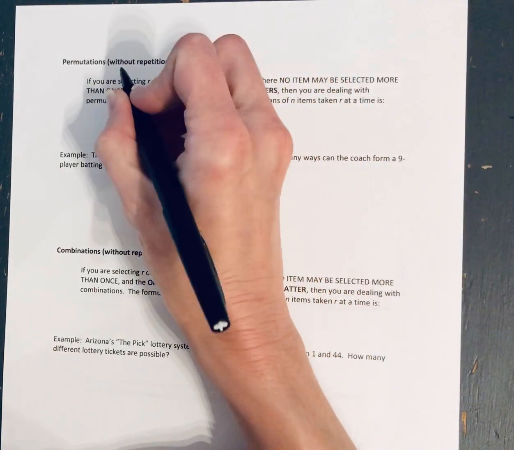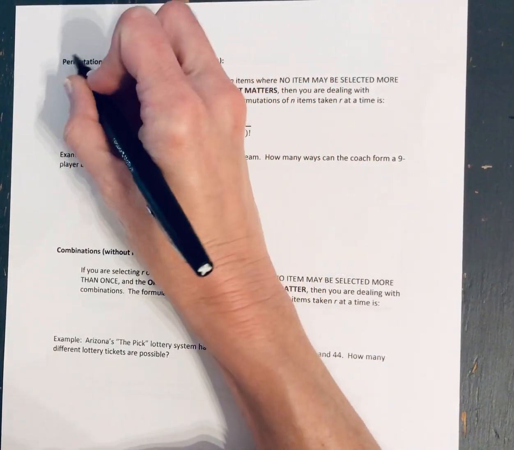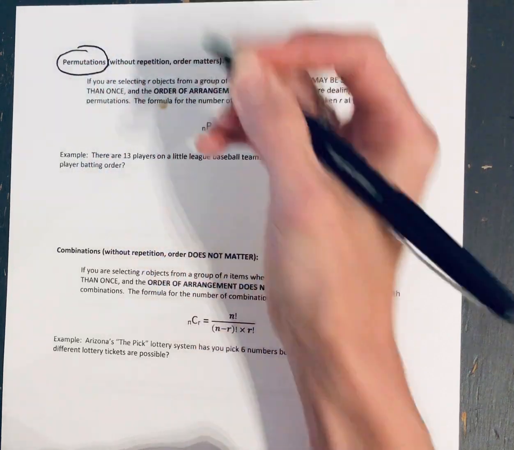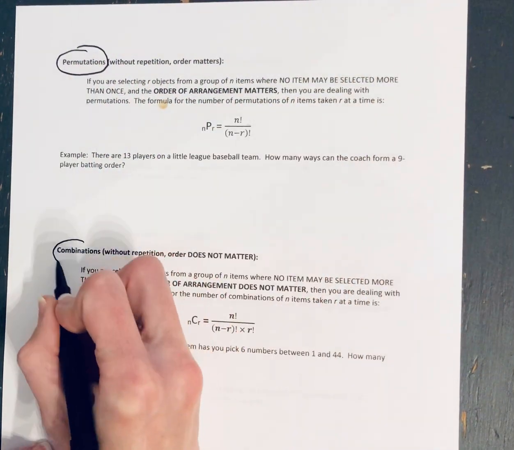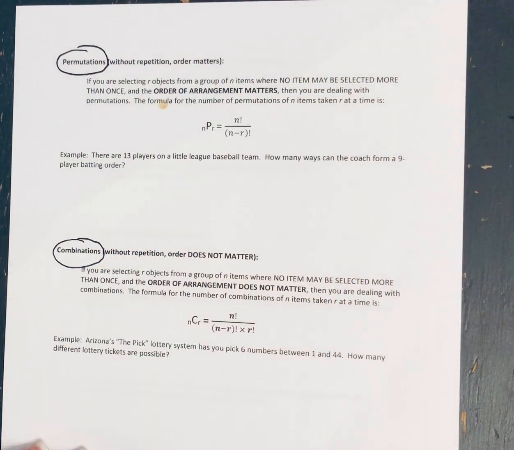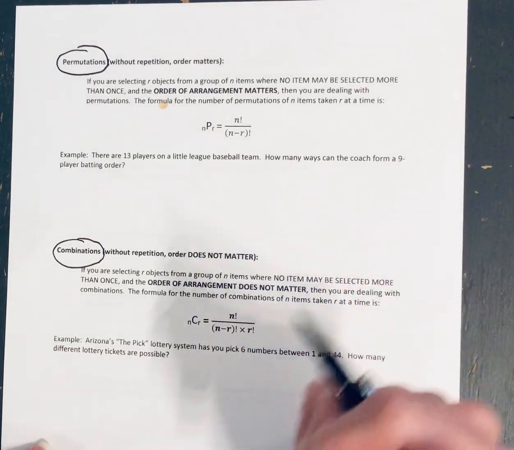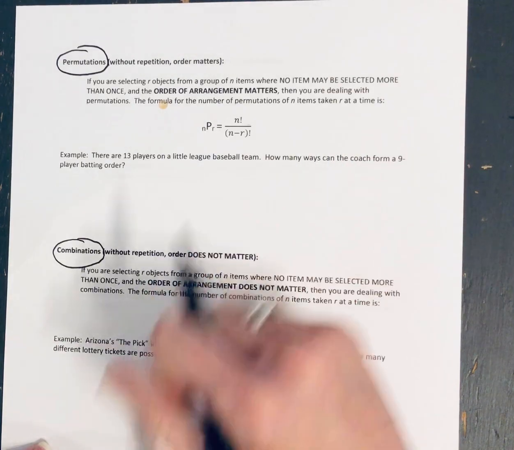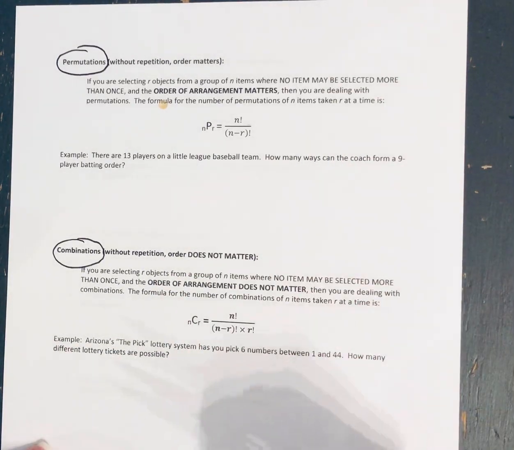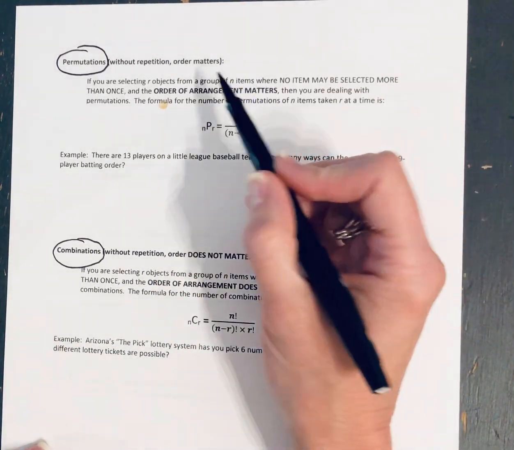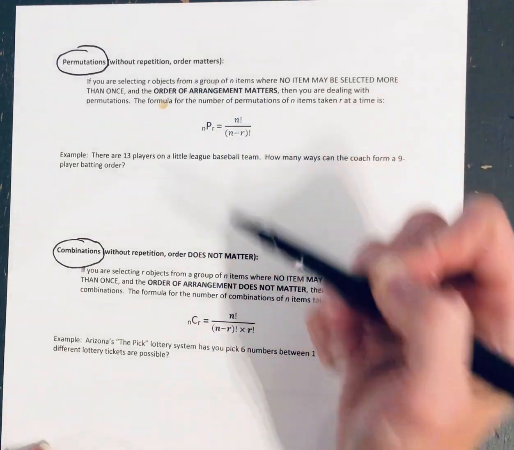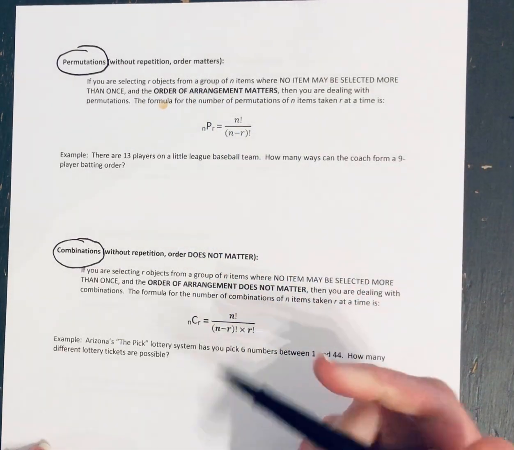The important part here is that whether we use permutations or combinations, both are techniques used when we are working without repetition. The difference is whether or not the order that the items are placed in matters.